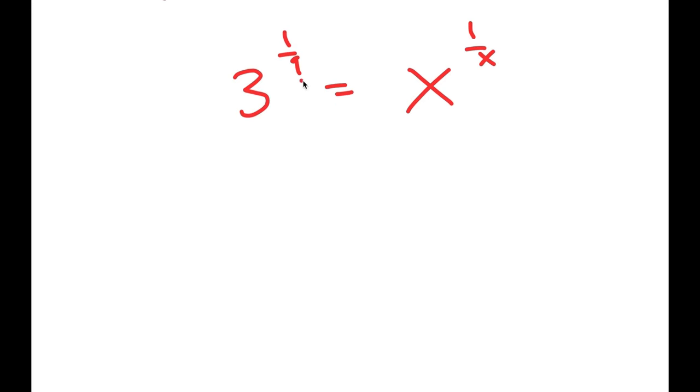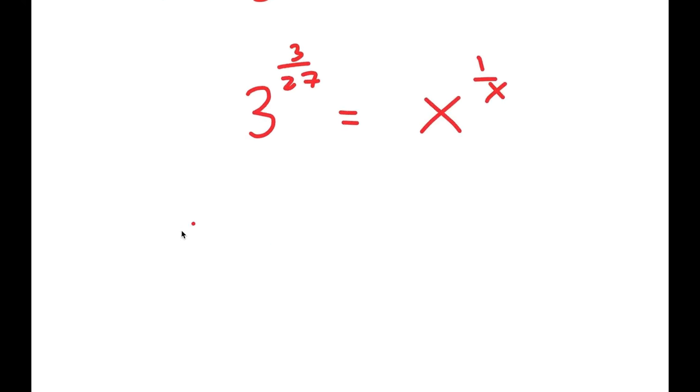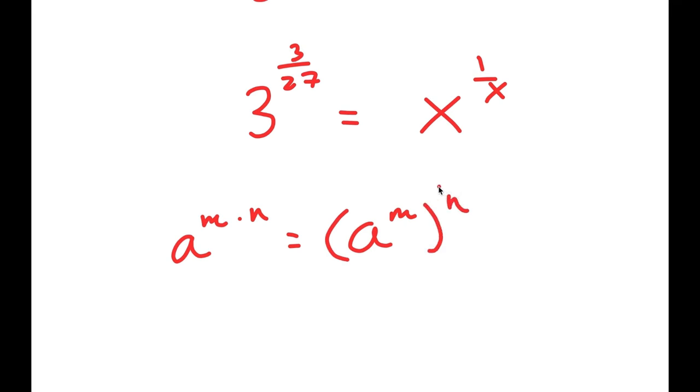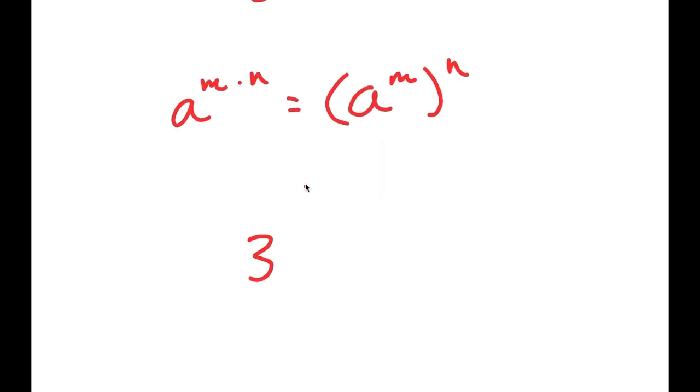Now from here, 1 over 9 is the same thing as 3 over 27. And if I have something, remember, in the form a to the power of m times n, this is equal to a to the power of m to the power of n. So we can rewrite 3 over 27 as 3 to the power of 3 times 1 over 27.